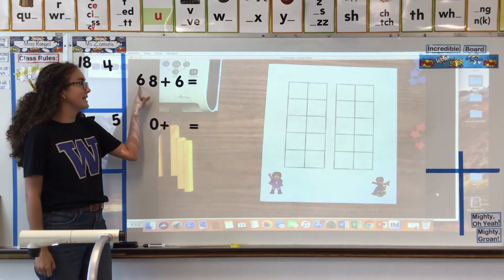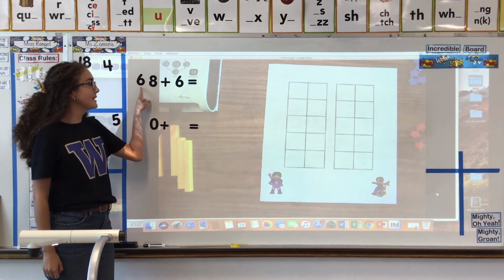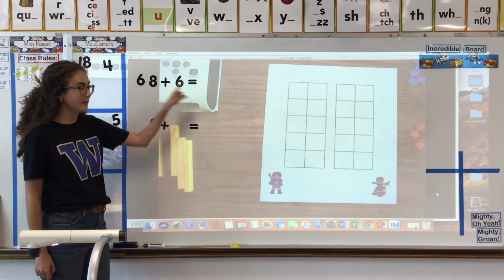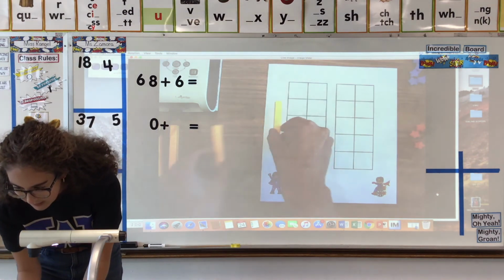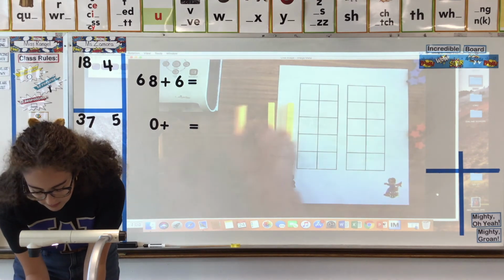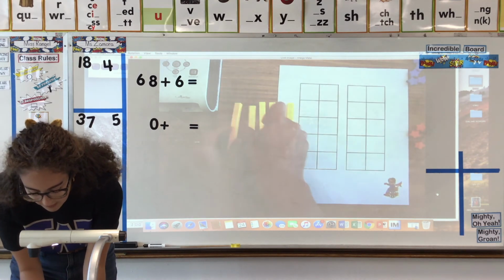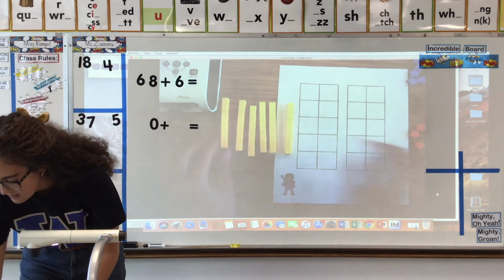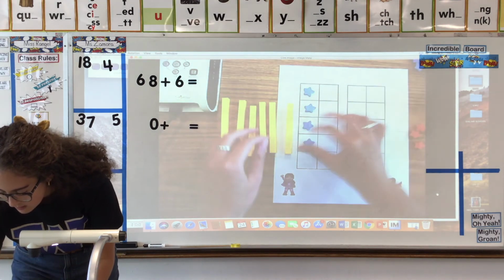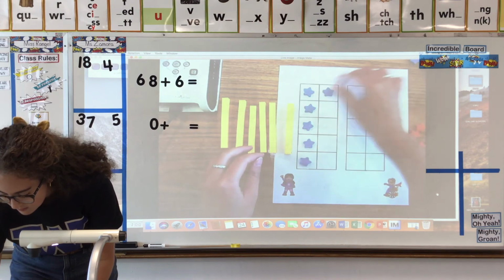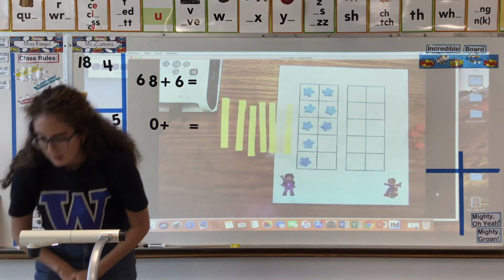Can you show me 68, 6 tens, 8 ones? Show me 68. 1, 2, 3, 4, 5, 6 tens. And then I'm going to make my 8 ones. Here we go.